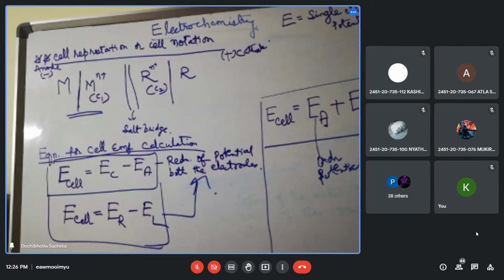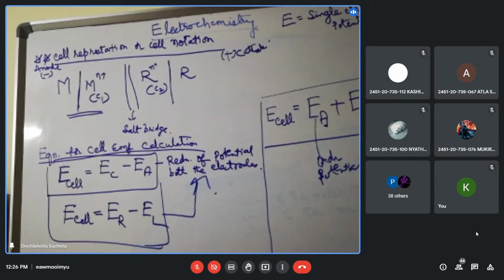Hope you know that whenever I'm addressing the word cell, it is a combination of anode and cathode. At anode, there is always oxidation taking place, which is nothing but loss of electrons, and at cathode, reduction takes place, which is gain of electrons, no matter whether it is a galvanic cell or an electrolytic cell.